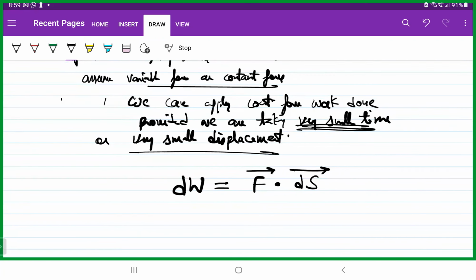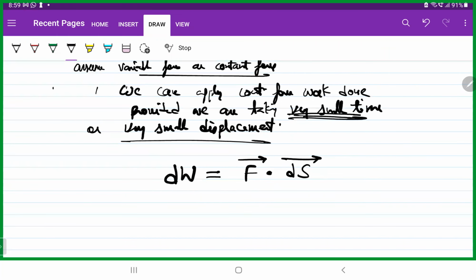Remember, it is always valid for a constant force. But other than constant force, it is now applicable for variable force, because ds is very small. Very, very small displacement or very, very small time. So force is a constant force. So we can write dW of a variable force is equal to F dot ds.